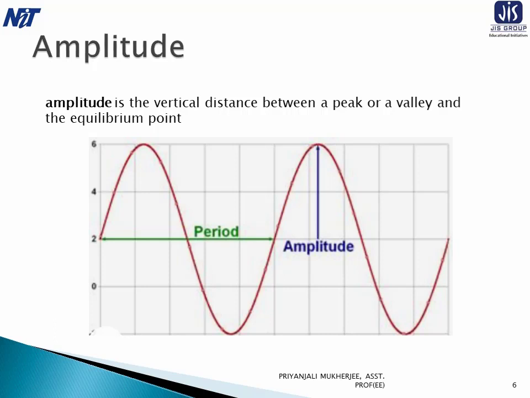That means we can write F equal to 1 divided by T, where T represents the time taken in completing one cycle.